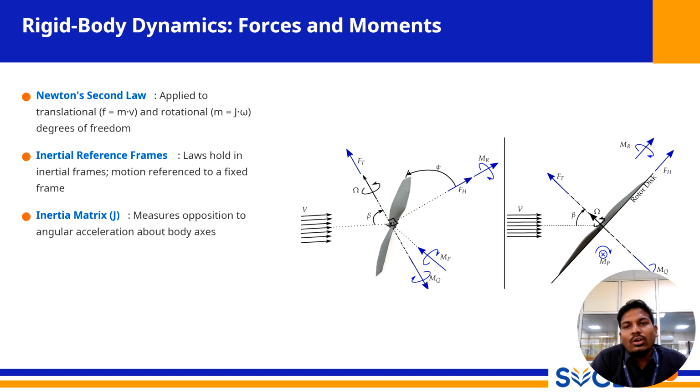Focusing on the rotational dynamics, we encounter a key property of the airframe known as the inertia matrix, represented by J.